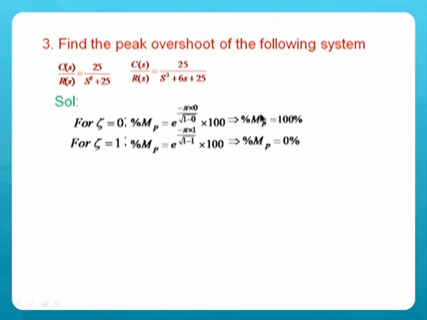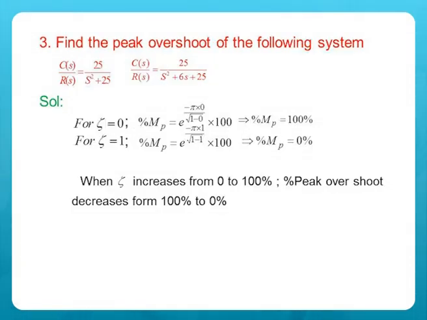At zeta equal to 0, the peak overshoot is maximum, but as zeta increases from 0 to 1, the peak overshoot is coming down to 0. So that is the conclusion of this problem. When zeta increases from 0 to 1, peak overshoot decreases from 100% to 0.